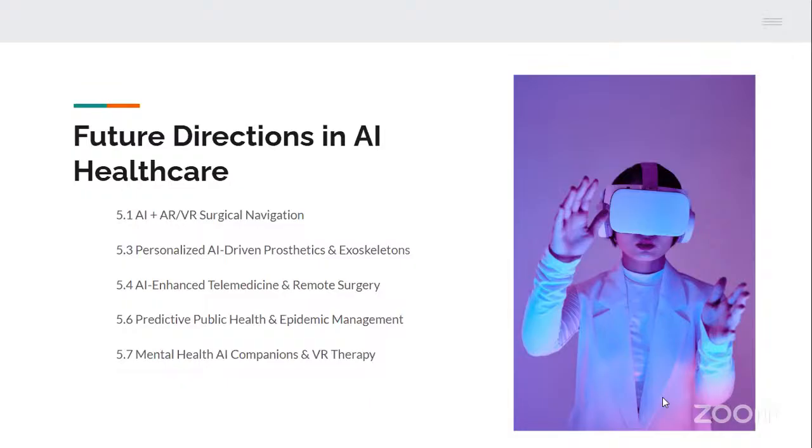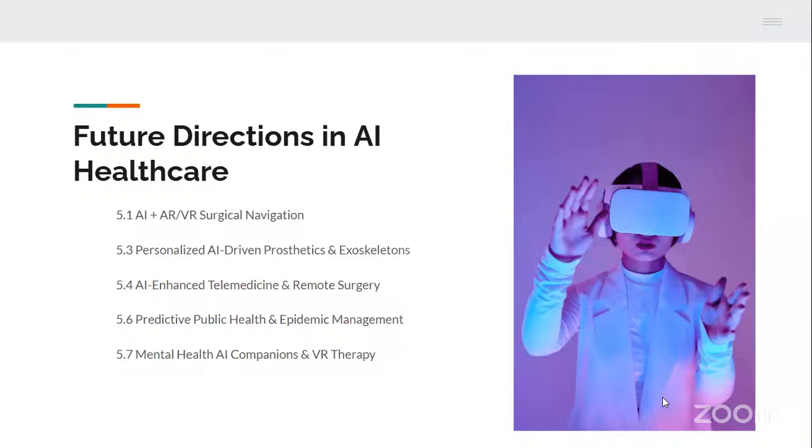AI plus augmented reality or virtual reality for surgical navigation. As I said earlier, there is a procedure called lung biopsy. A lung biopsy can be done in 3 ways. One is the incision method, where they cut open and take a small piece of lung tissue and use a microscope to diagnose the disease.